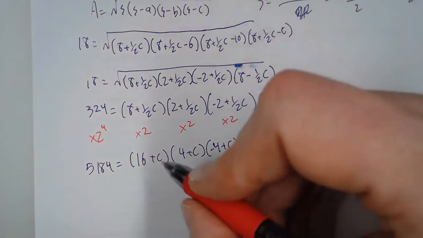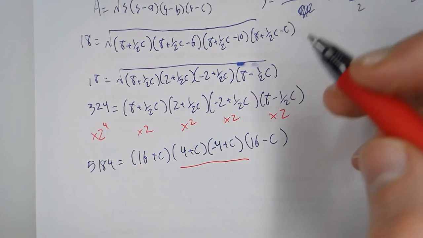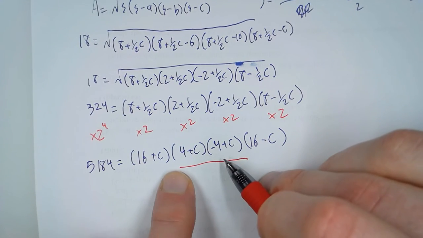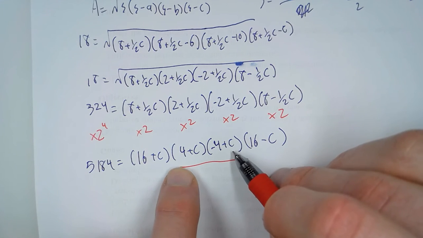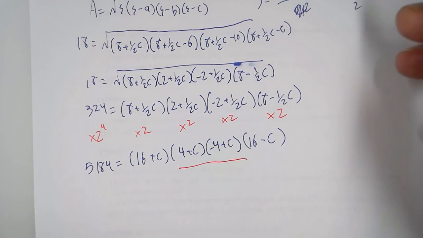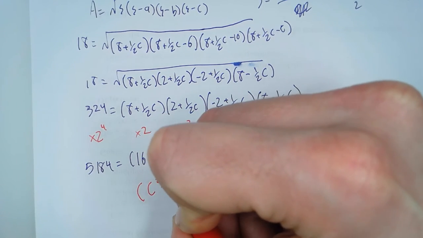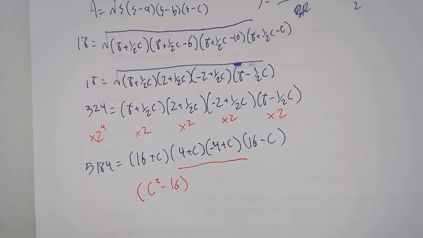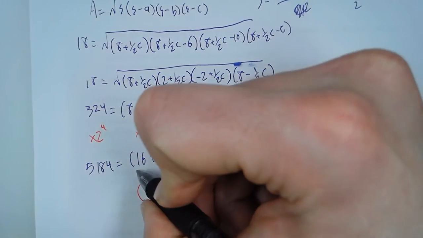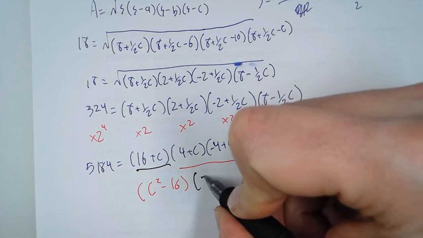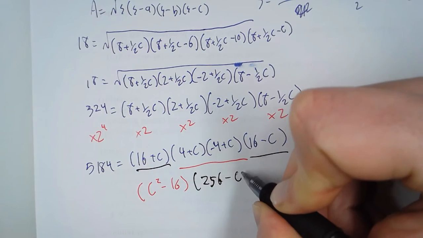Now, I'm going to multiply these two together first, because these are conjugates. So when we multiply them, this is going to be a difference of squares. So we're going to get c squared minus 16. Same thing over here. If I multiply these two, I'm going to get 256 minus c squared.